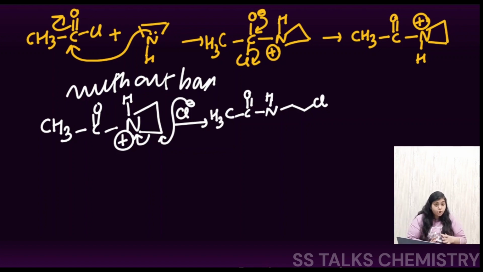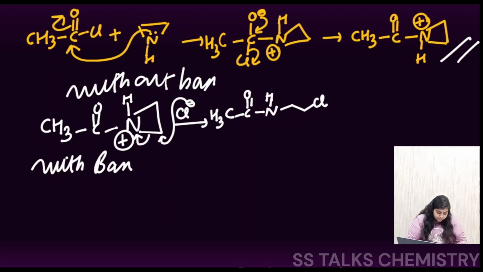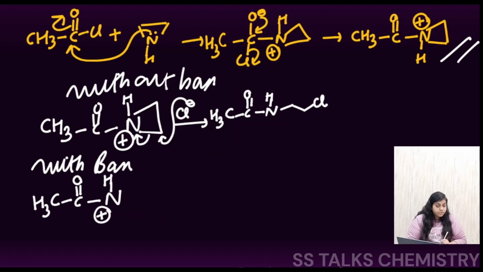Now in the presence of the base, the initial step will be the attack of the aziridine ring over the acyl chloride, leading to this same product. With the base, we have this species CH3 C double bond O, nitrogen with the hydrogen, and the positive charge present like this.